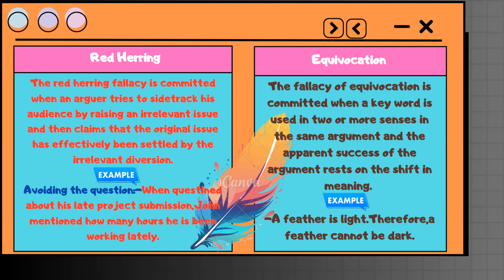It's a type of ambiguity. Equivocation is committed when a keyword is used in two or more senses in the same argument. And there is an example: a feather is light, therefore a feather cannot be dark.